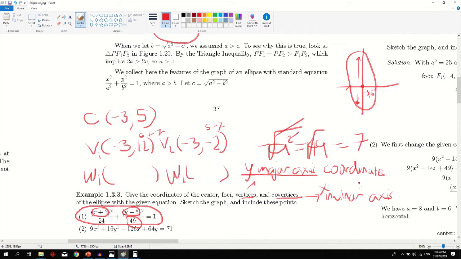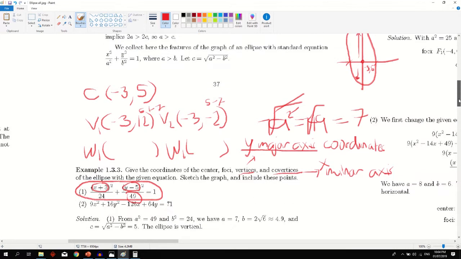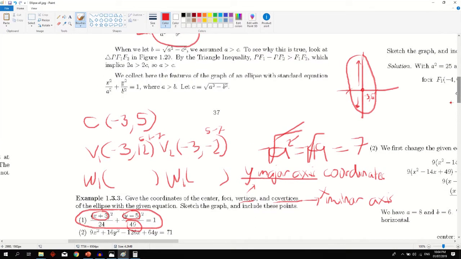Okay, so how to get the x minor axis? We need to get the b square. B square is equal to 24. Then we square root that.